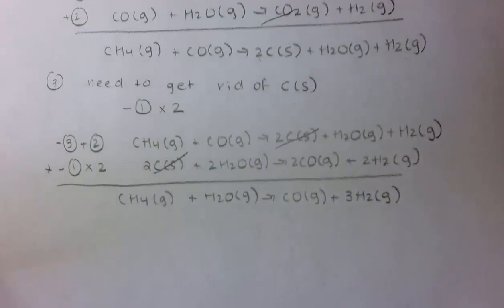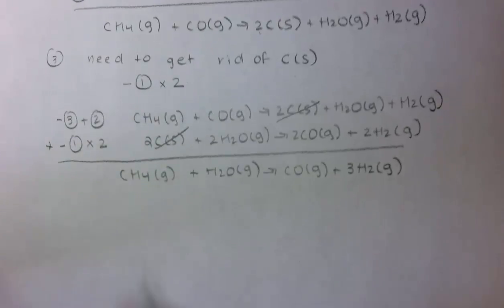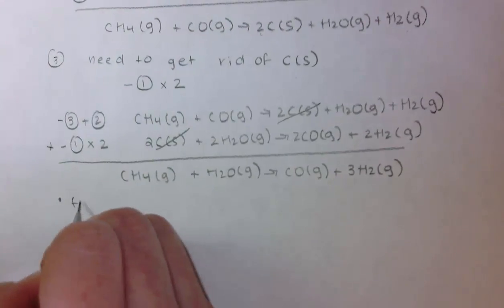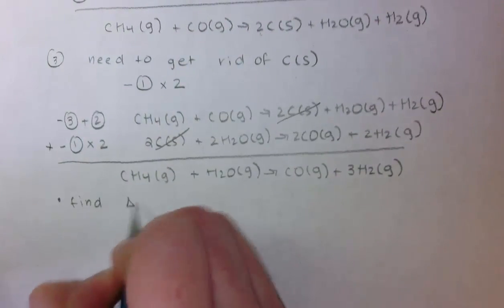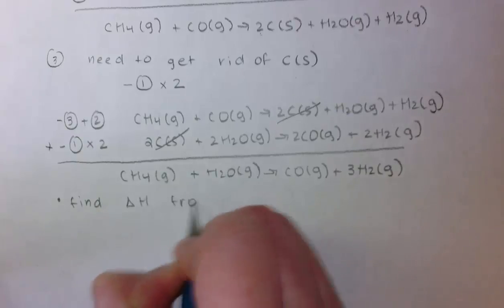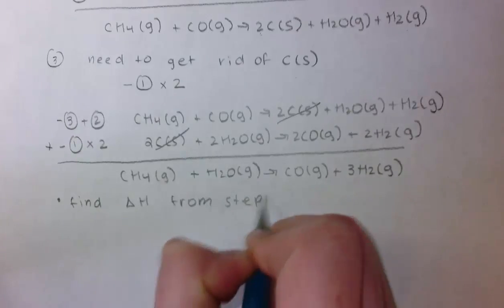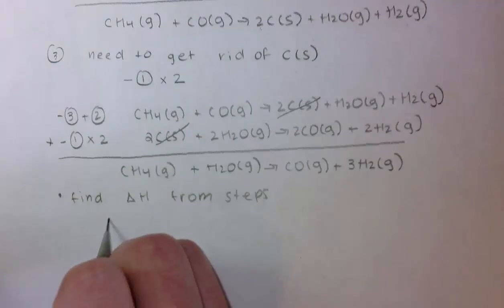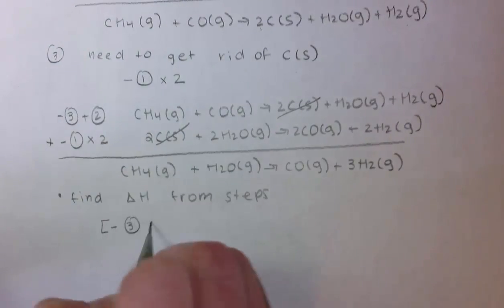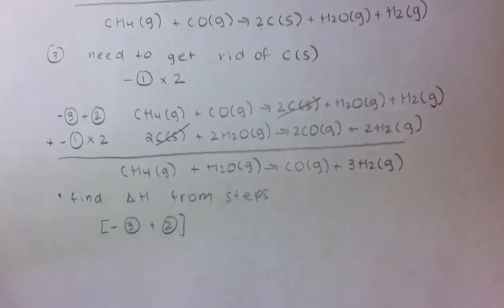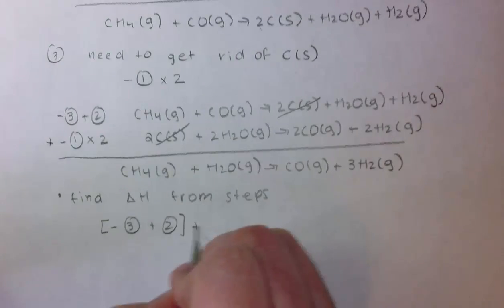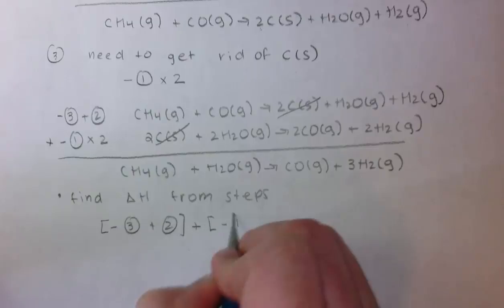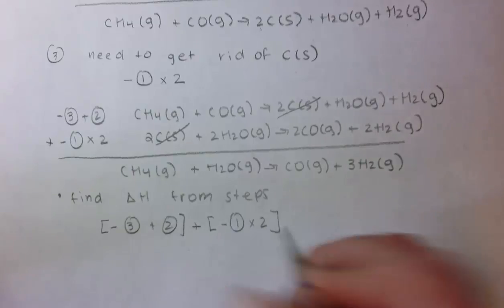So we're done manipulating the sub-equations, and we can now find the heat of reaction from all of our steps. To recap, we took the equation -3 plus 2, and we added -1 times 2.